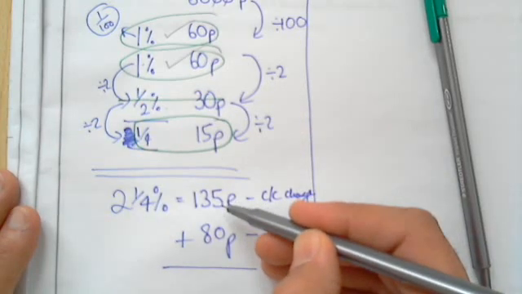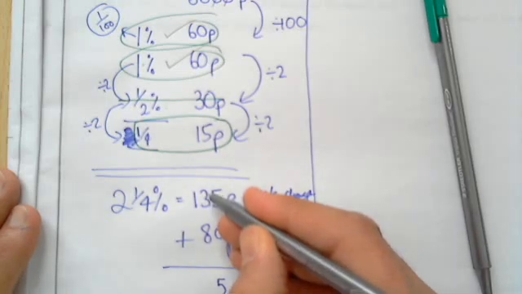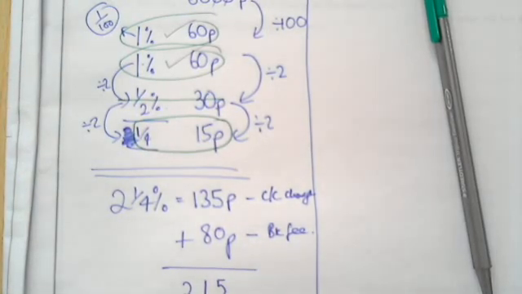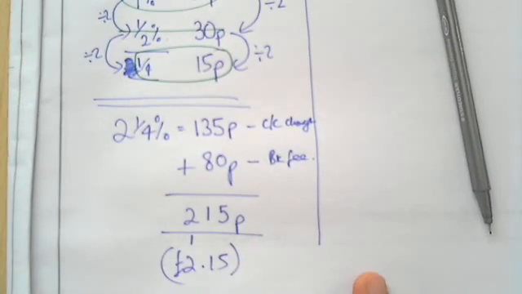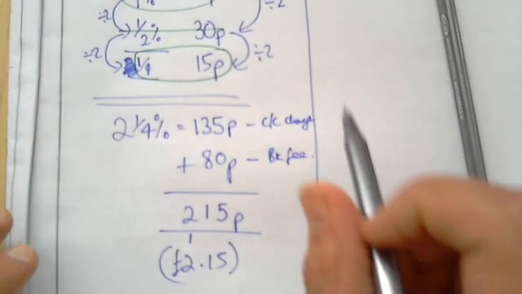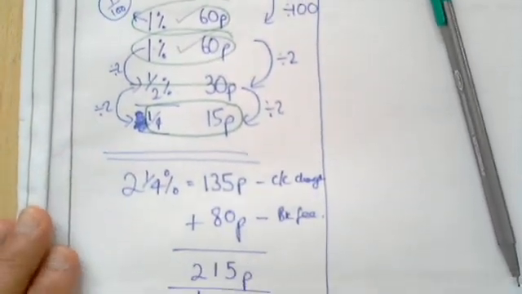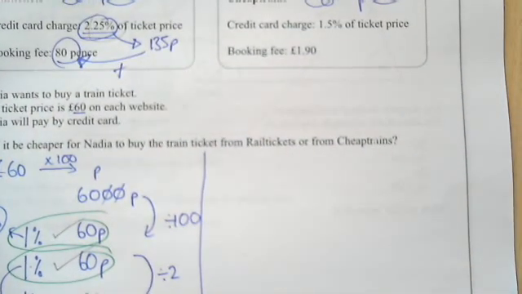Working in pence was nice and easy without the decimal points. 5 add nothing is 5. 3 add 8 is 11. And then we have £2, 215p. So we worked out that the first company will charge us £2.15 extra.